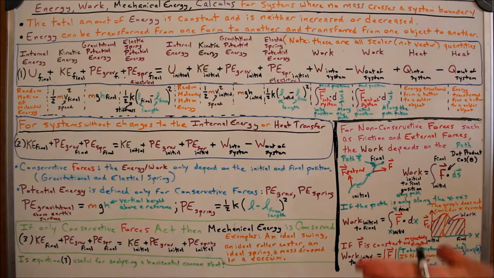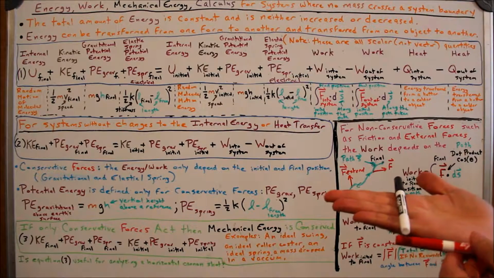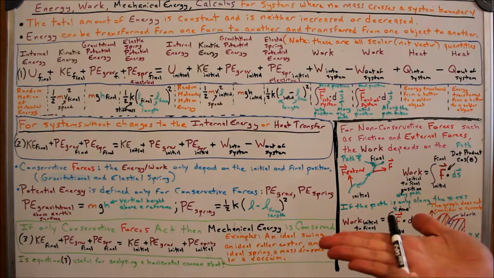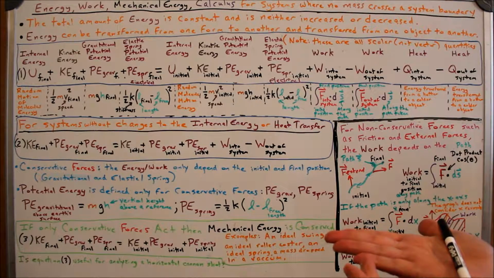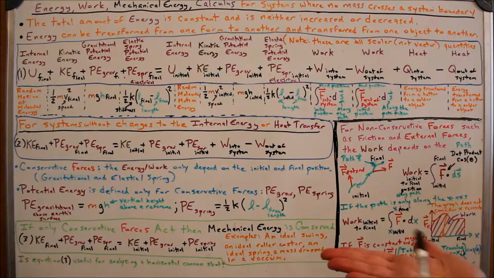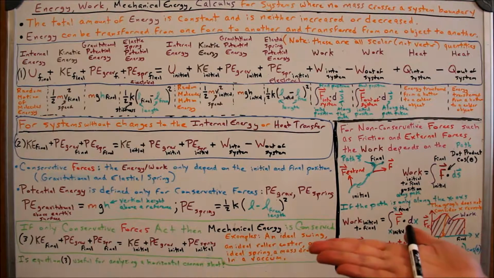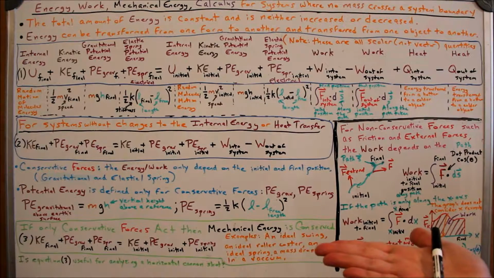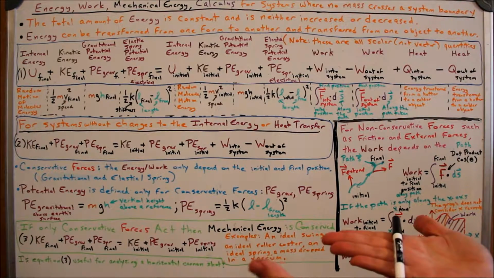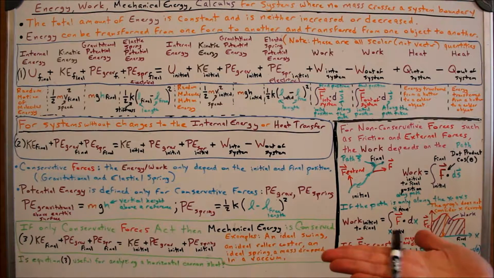The force acting on the marker from my hand is to the left, so it's opposing the motion. If it just starts here, slides along my hand and ends up here, that integral is the work being done. But if it slides and then goes back and then slides and keeps going, when it's going back, the path is in this direction, the force acting on the marker is in this direction, and that's also doing work on it.